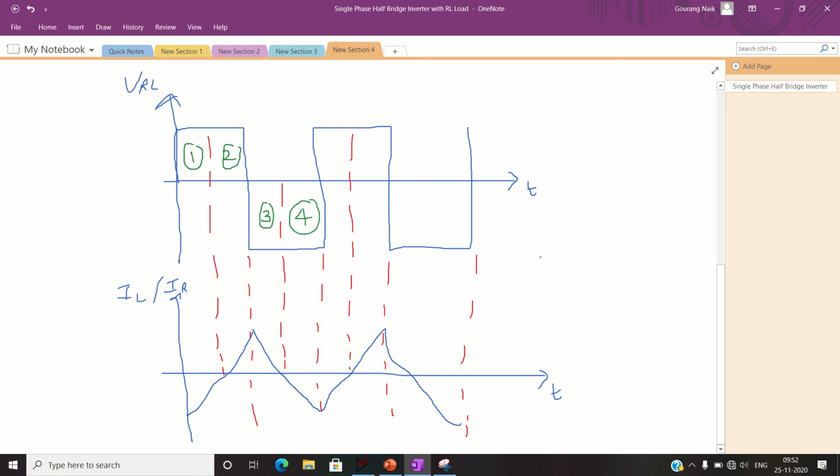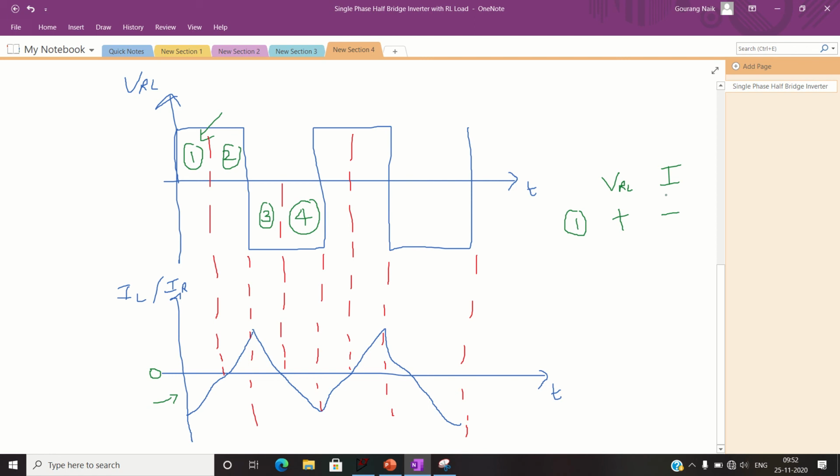So during the first case, I will understand my VRL and the value of current. If you see at the first case here, my VRL is positive, and the current, if you see, this is 0 value, here in this part my current is negative.